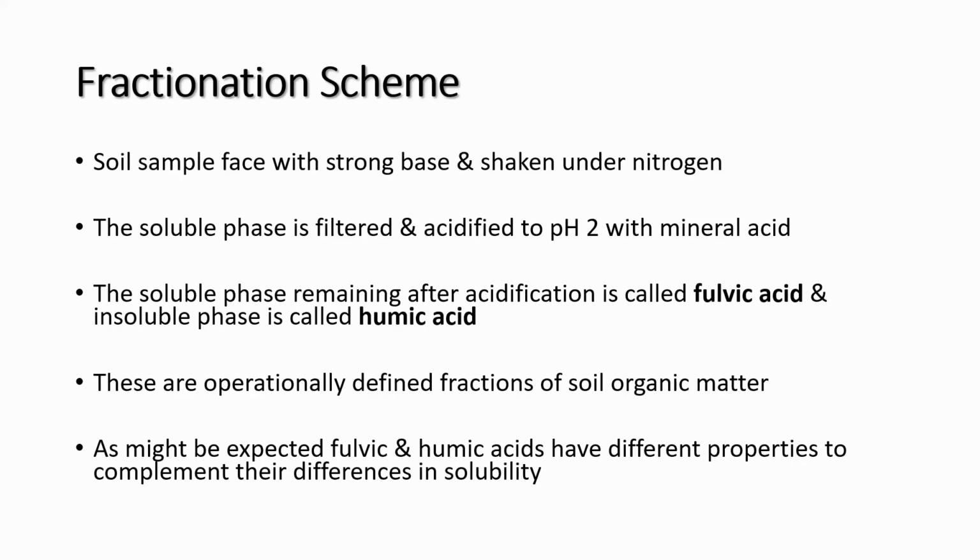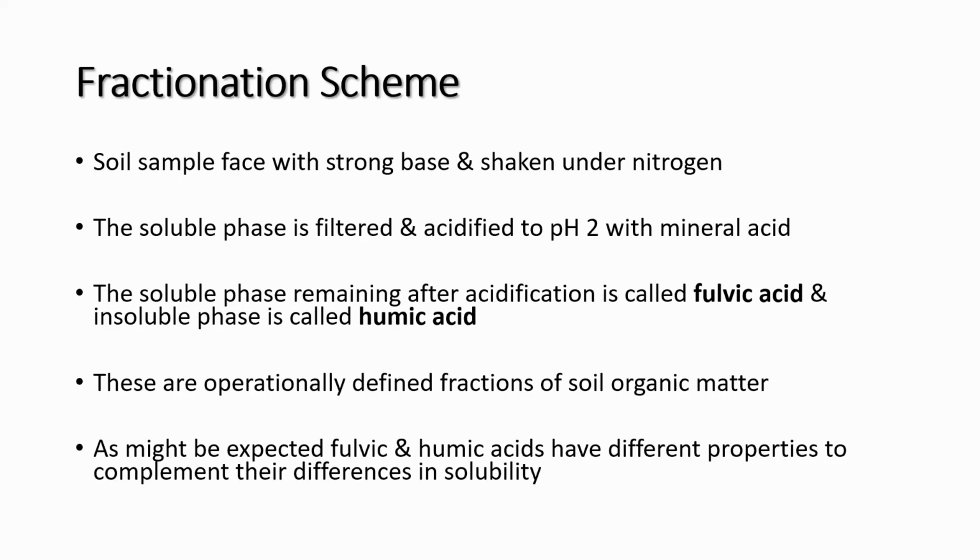As might be expected, fulvic and humic acids have different properties to complement their differences in solubility. Now, you understand a very simple thumb rule that like dissolves like, unlike dissolves unlike.